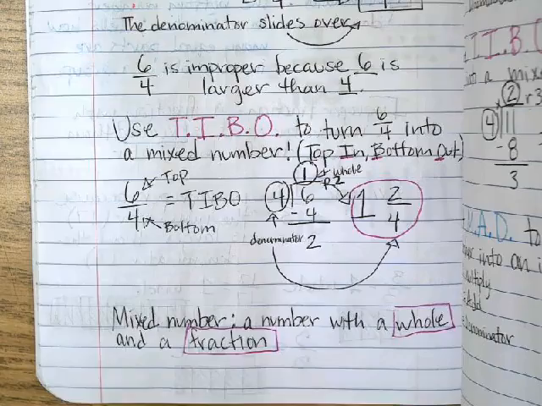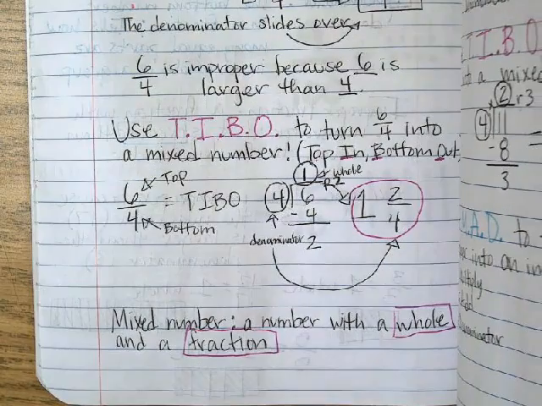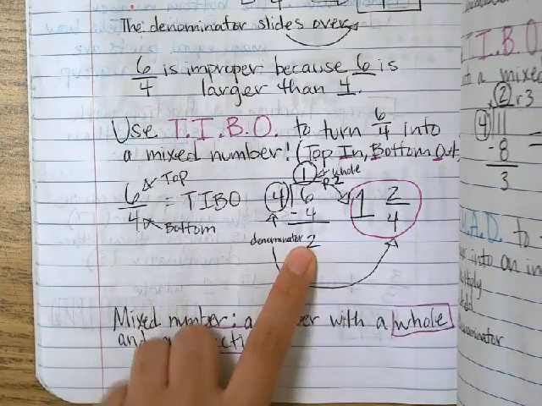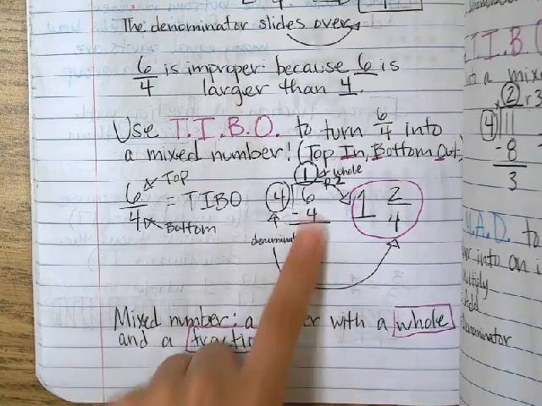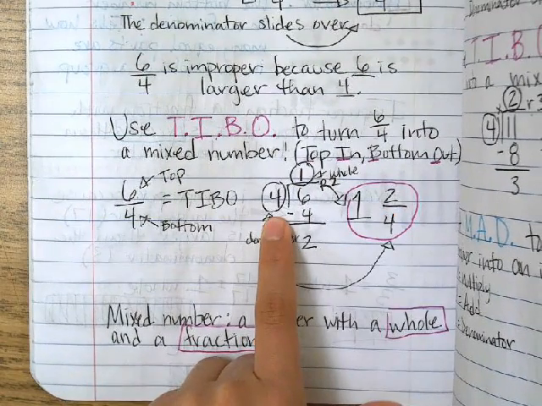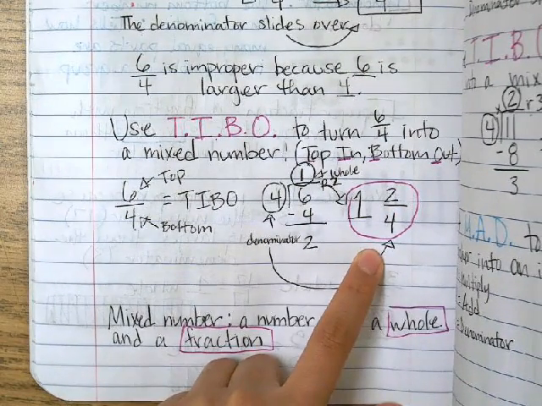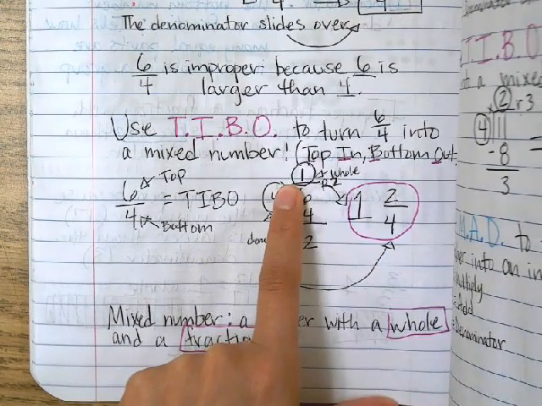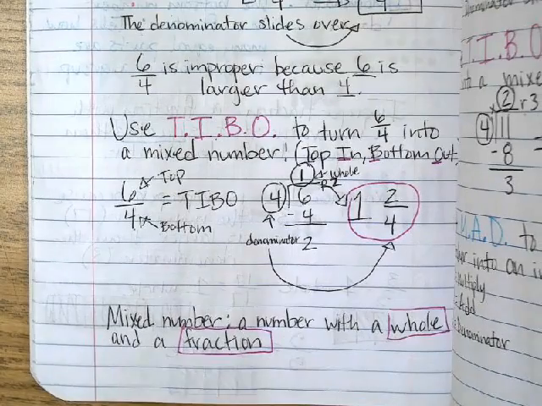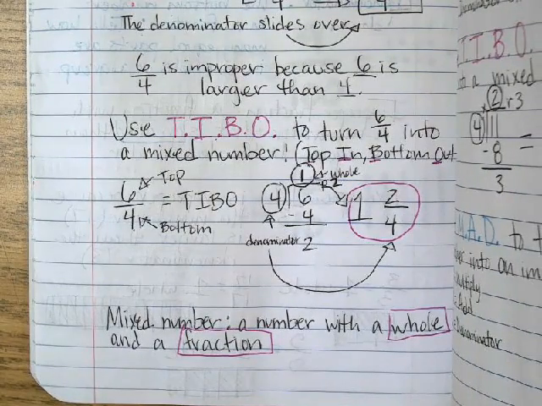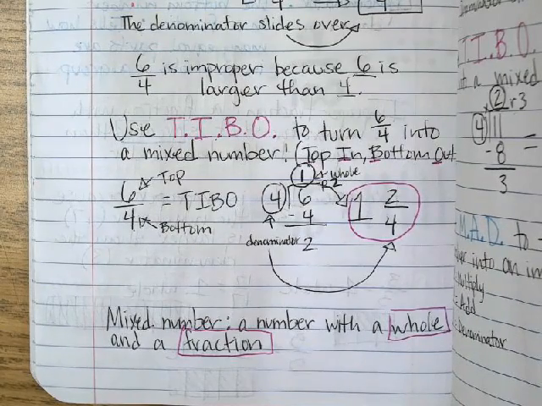If we placed 4 times 2, it goes over 6 because it's 8. 4 times 1 is 4. The remainder is a 2. The remainder is our numerator. The one that's out here is always our denominator. And then we have our whole number, which is the answer, the quotient that we got. That is 1. A mixed number is a number with a whole and a fraction.